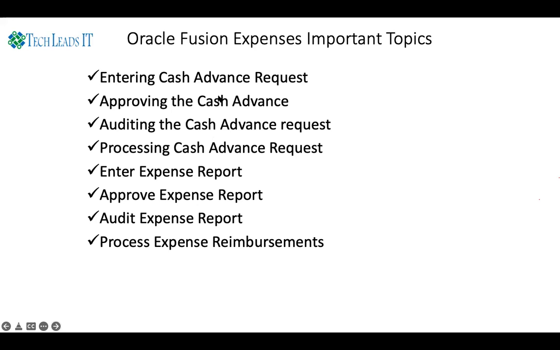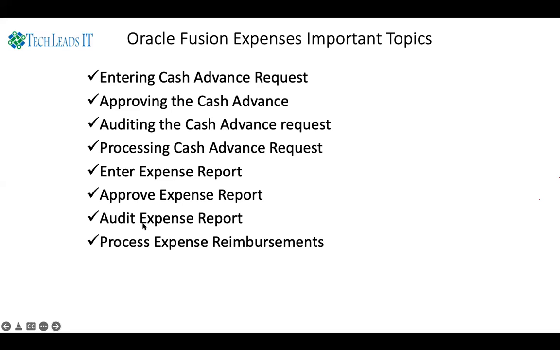How is it impacted in the system? Let's say, for example, I'm an employee of an organization and I apply for a business trip, so I take an advance. How will it move further, what are the different processes to cover, how do we enter an expense report in the system, and how is it approved?